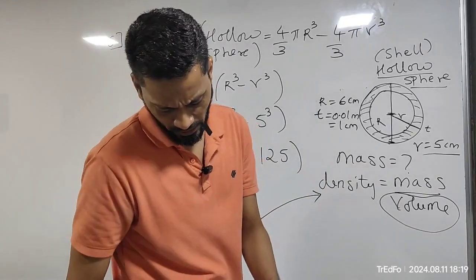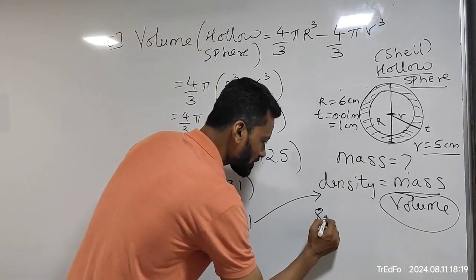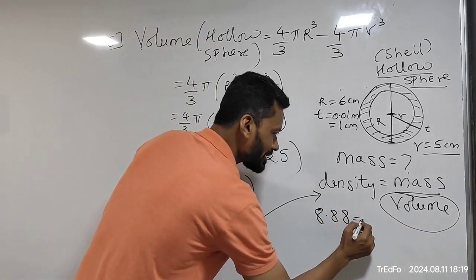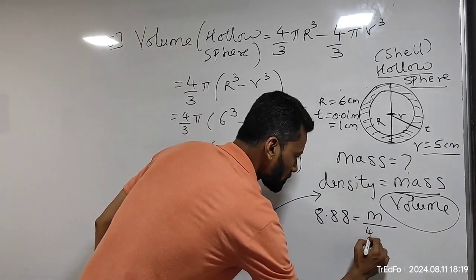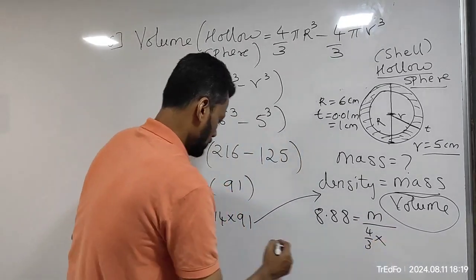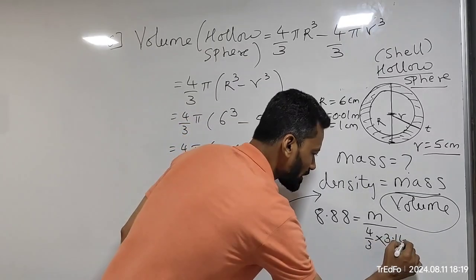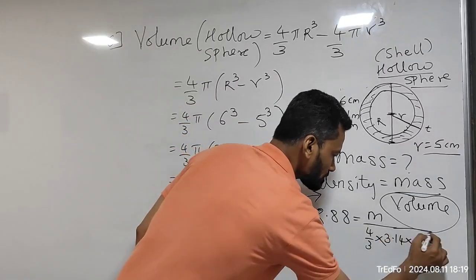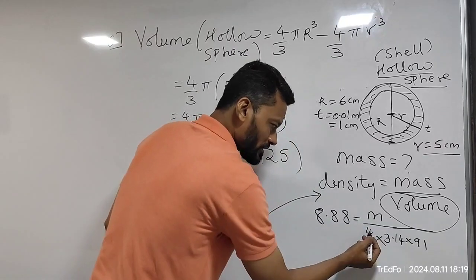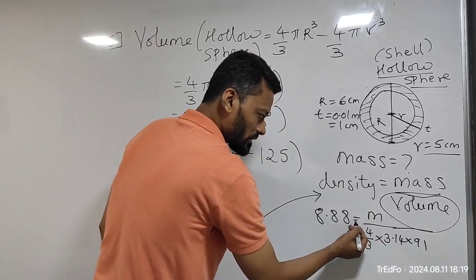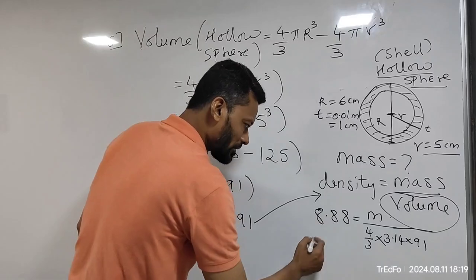Density is given as 8.88, so 8.88 equals mass, which we have to find, upon this, 4 by 3 into 3.14 into 91. Now this is in the denominator, so it will go up, whereas these three terms to the right of the equal to sign will become multiplication here.